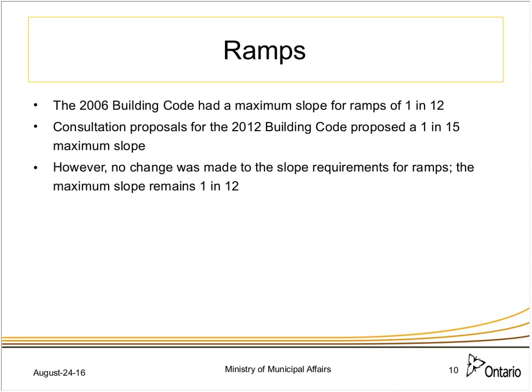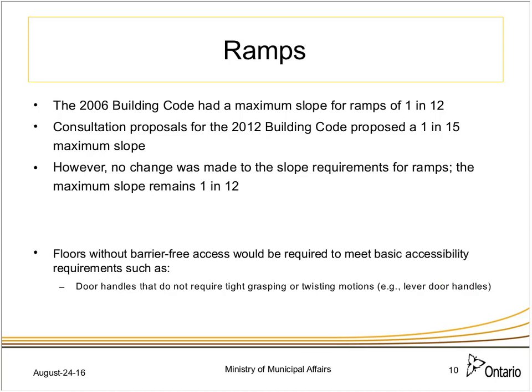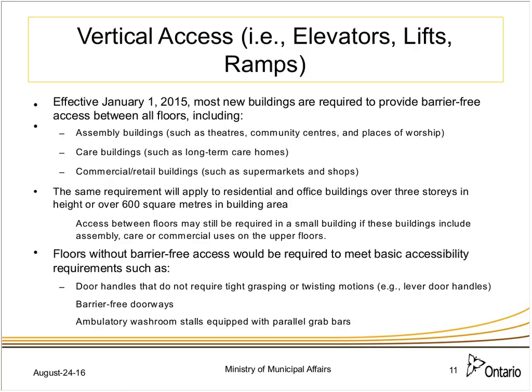Vertical access, which is code speak for what most people would recognize as elevators. There are options. You can use ramps, you could use lifts, there are other different ways of providing vertical access, but it's largely going to be elevators. So in most uses or occupancies of buildings, like theaters, community centers, large restaurants, you have to provide elevators.